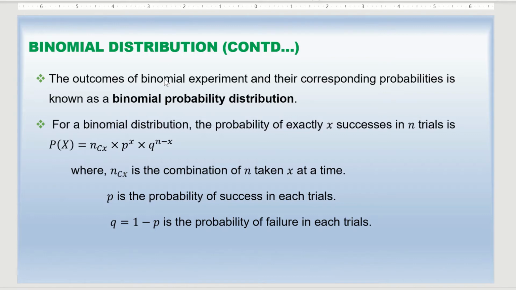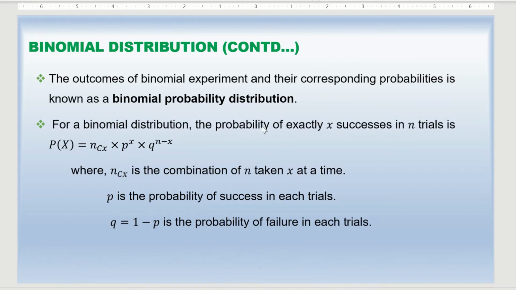For example, if x represents the binomial variable, a discrete variable x, which is the result of the binomial experiment, and we have the corresponding probabilities P of x, then that is the binomial probability distribution.